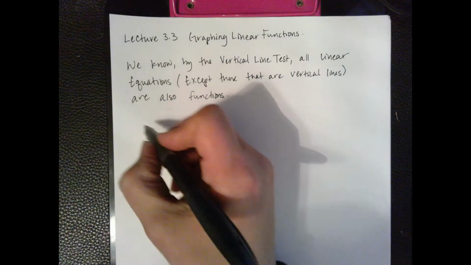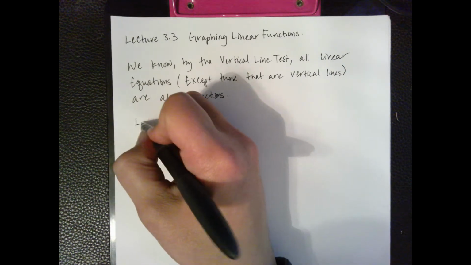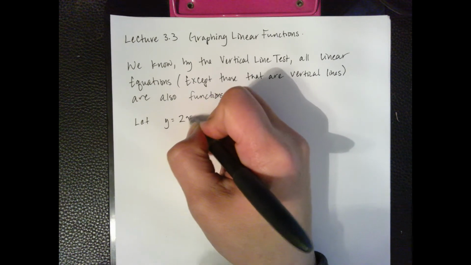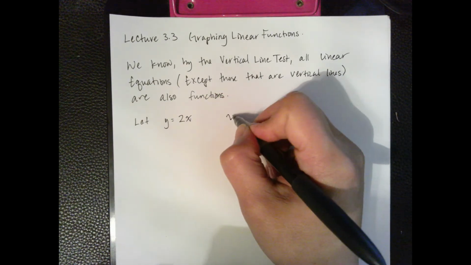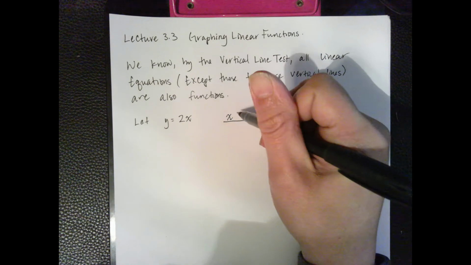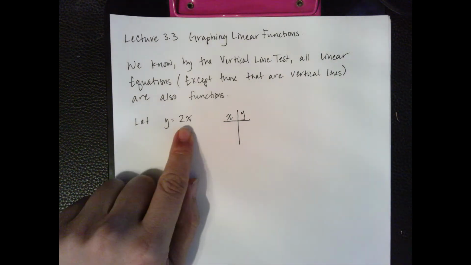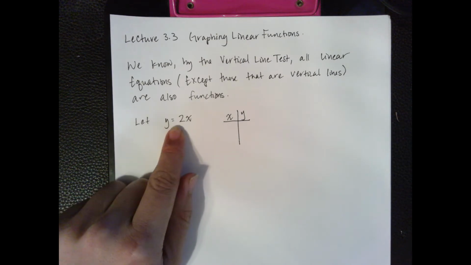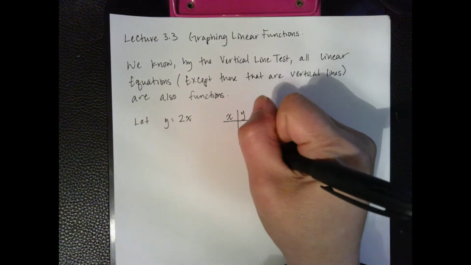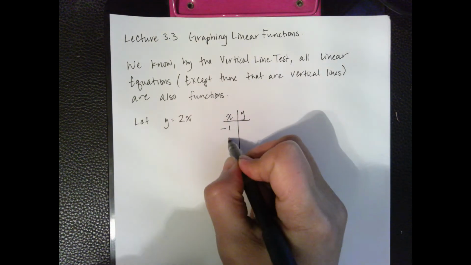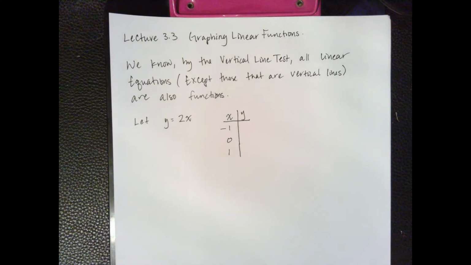So remember, if we were going to graph an equation, let's say y equals 2x, the first thing we would do is make a t-chart. We're going to pick numbers for x, plug them in, and evaluate and see what y gives us. For this equation, I'm going to use -1, 0, and 1.